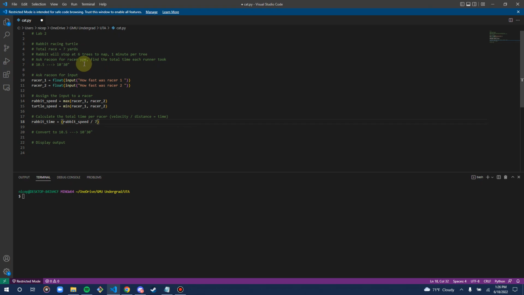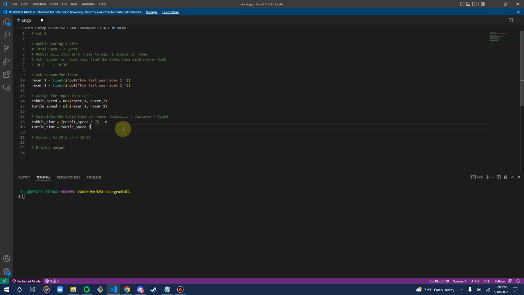We know it's going to be a 7-yard race every time. And since this is the rabbit, he's going to stop at 6 trees for a minute per tree, so I'm going to just add an additional 6 minutes to his race time. For the turtle time, it's going to be just the simple formula above.